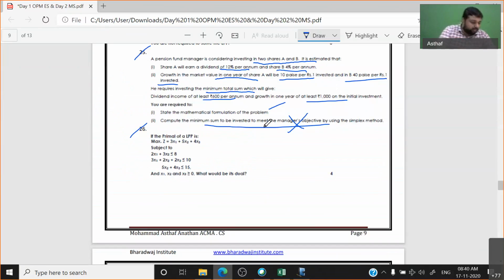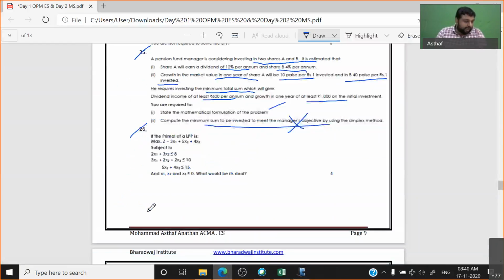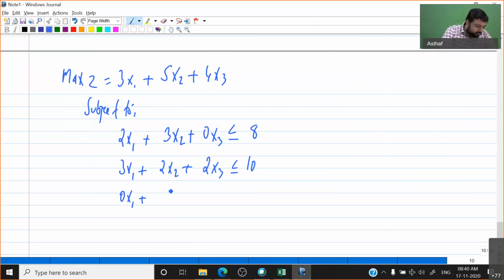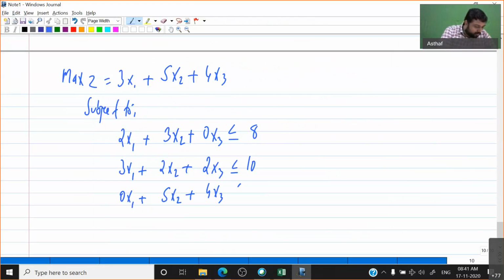Then 0x1, 5x2, 4x3 less than or equal to 15. x1, x2, x3 greater than or equal to 0.